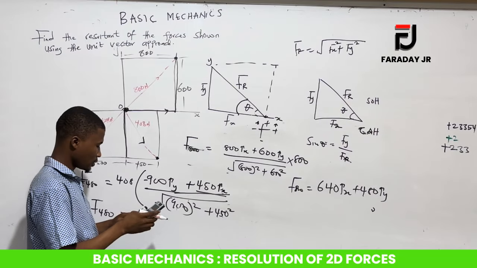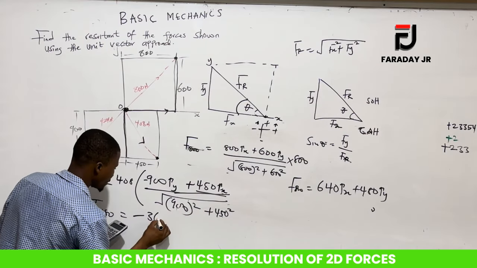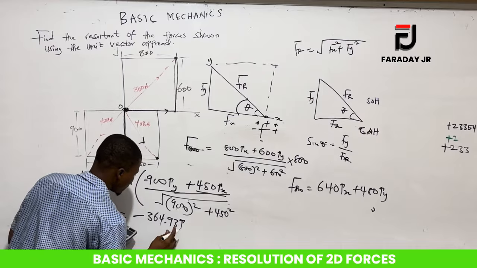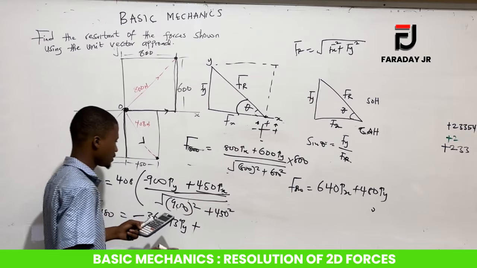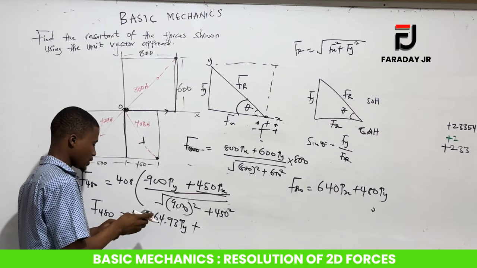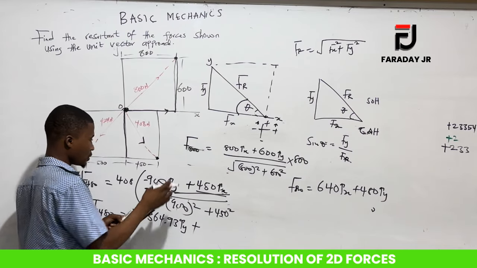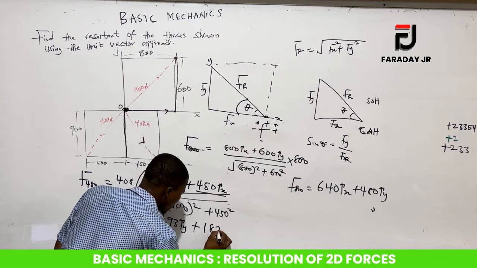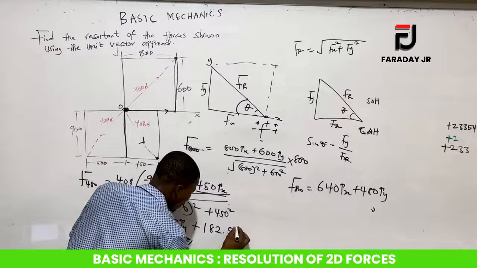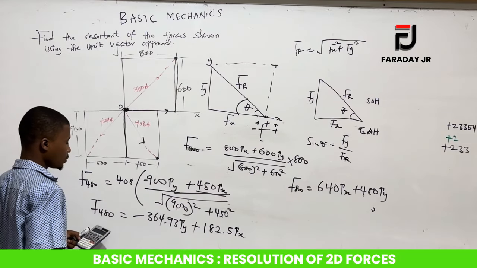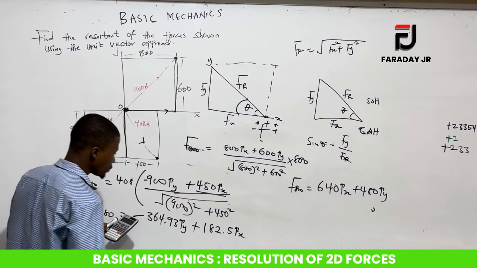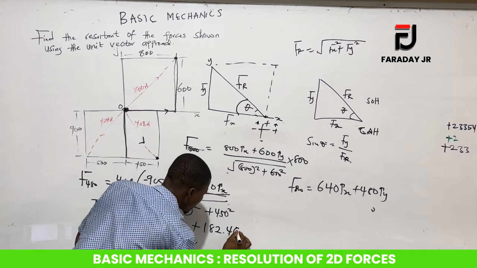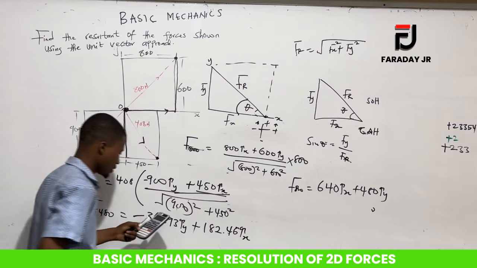And that will give me negative 364.93 j (y). Plus, I know that it's positive, 450 over root of 900 squared plus 450 squared, and that will give us 182.46 i (x).